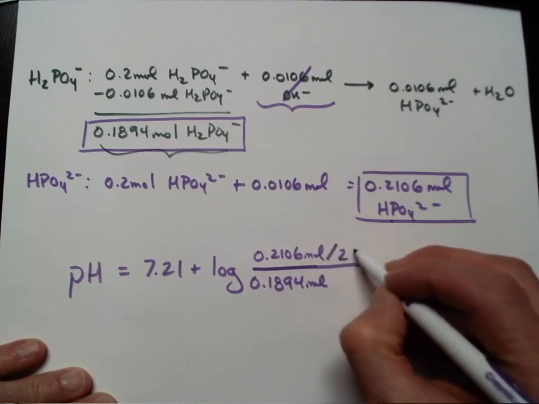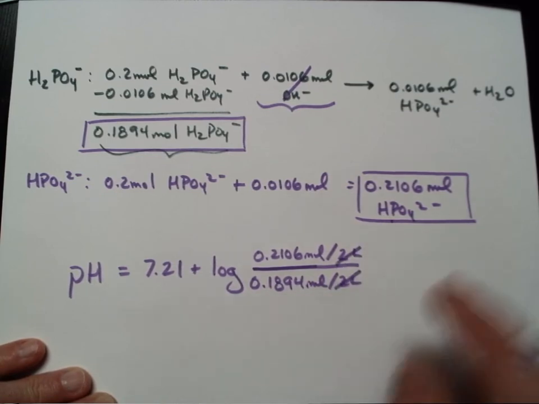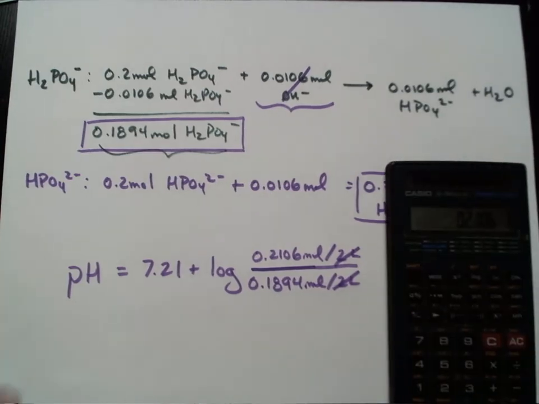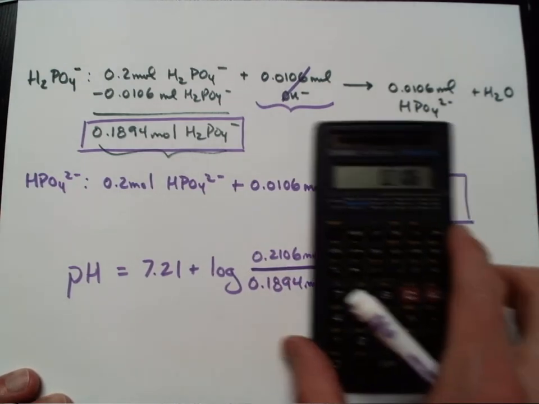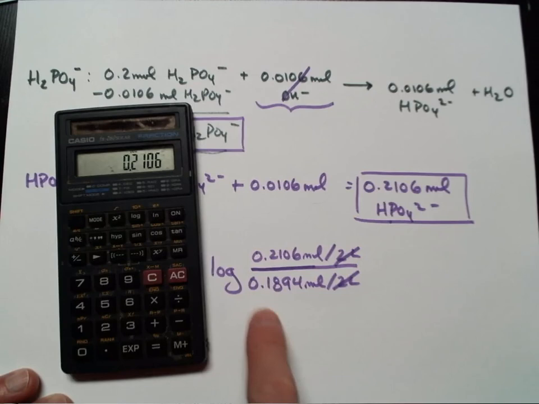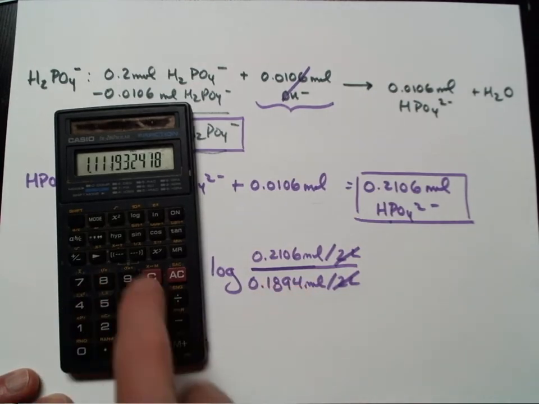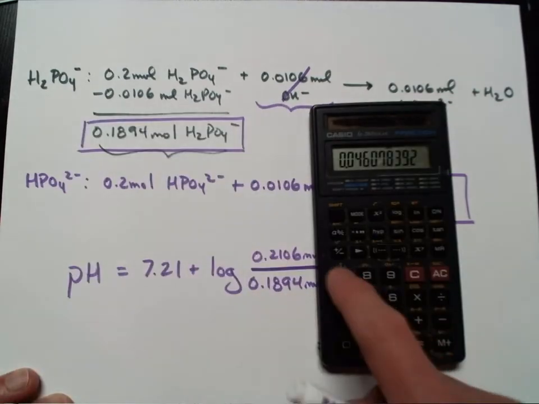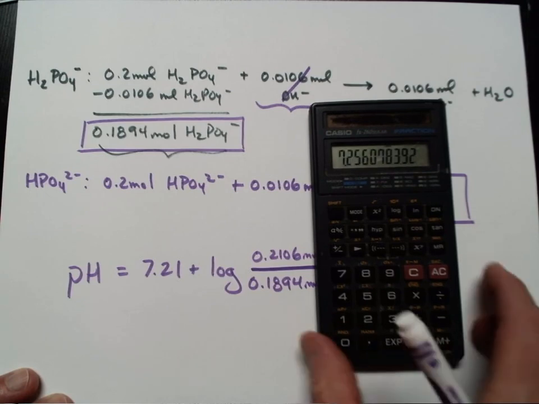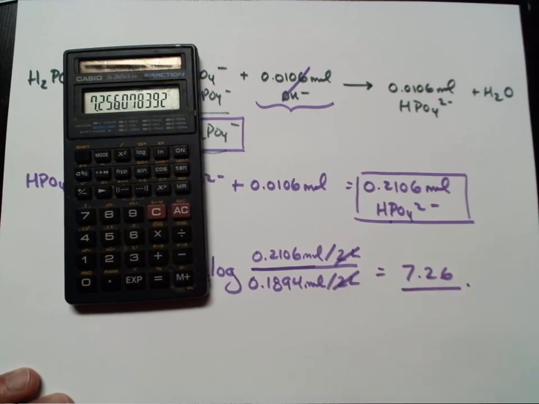I divide this by 2 liters and I divide this by 2 liters, but notice those cancel out. Remember, that always happens when you're in a buffer, because both substances are in the same volume. So I think we got it. 0.2106, let's divide that by 0.1894. Yep, let's take the log of that, and then we're going to add that to 7.21, and we get 7.26 as our answer. And we're done with that particular problem.